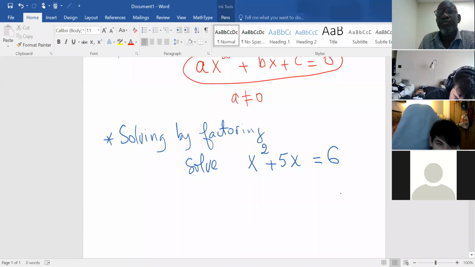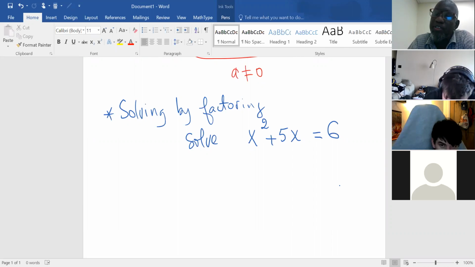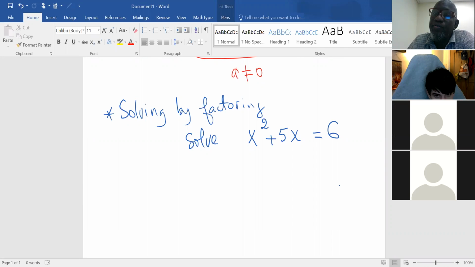Solving by factoring means I have to try to factor. But do you recall what you have to do first, before you factor? Set it equal to 0. Exactly. If your intention is to use the factoring method, you have to have 0 on one side.